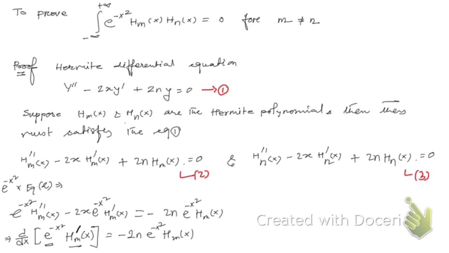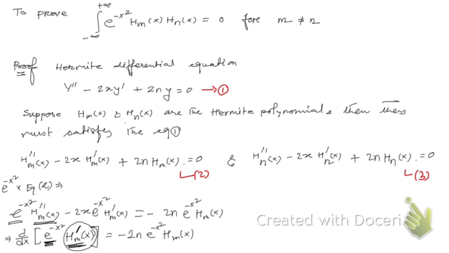Now you see here, if you consider e to the power minus x square as the first function and Hm as the second function, then first function times the derivative of the second function. If you differentiate this again, then we're going to have the second order derivative of Hm.